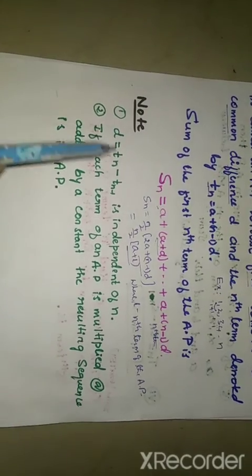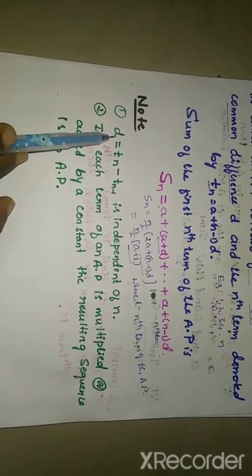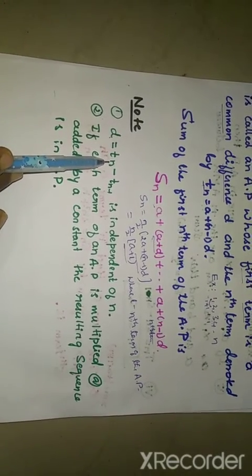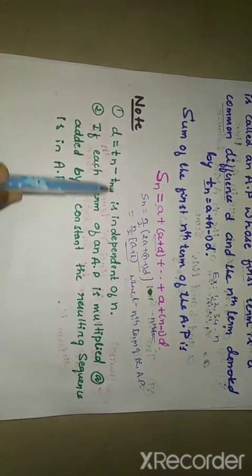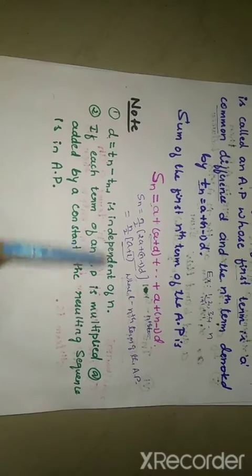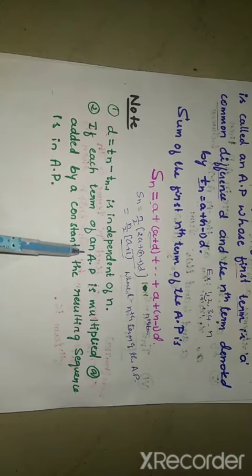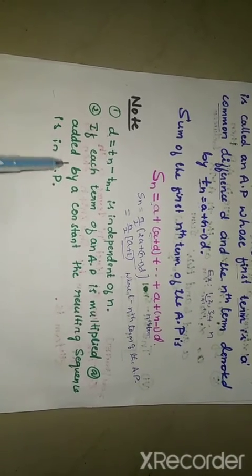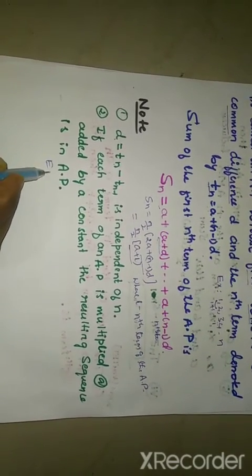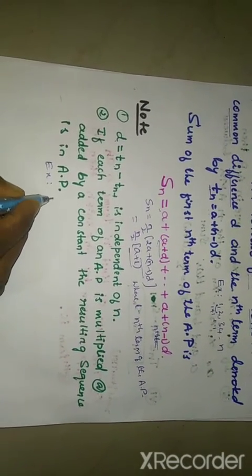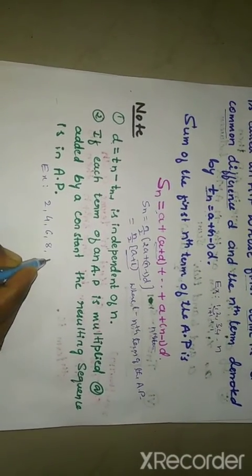Some points related to AP, you should know these points. First, the difference d equals Tn minus the previous term, the difference between any two consecutive terms, and d is independent of n for the given sequence. Second, if each term of an AP is multiplied or added by a constant, the resultant sequence is an AP. For example, given AP is 2, 4, 6, 8, and so on.